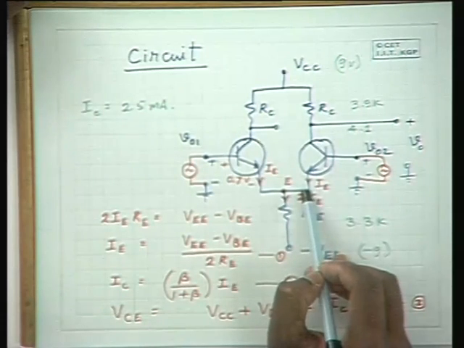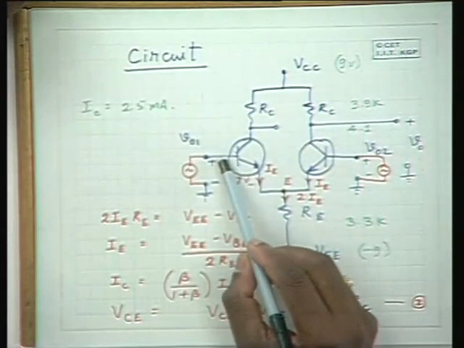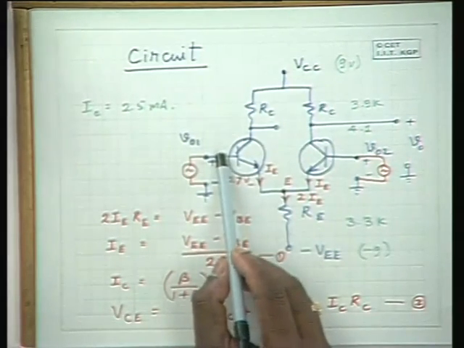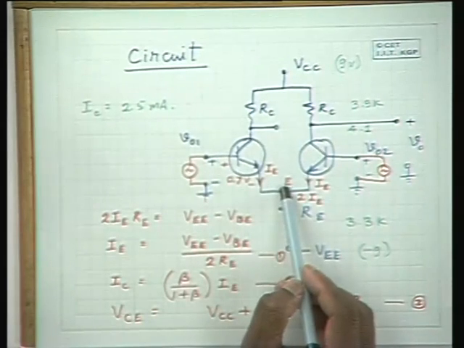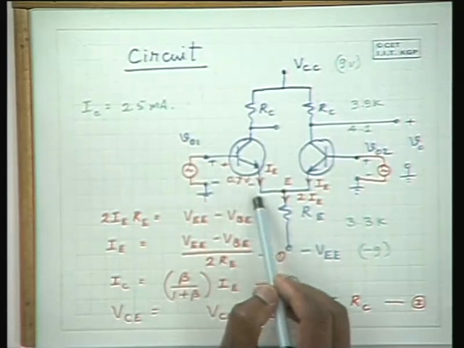And what about this? This VBE decreases because of the characteristics. When this base potential is increased, naturally the emitter potential also increases if the difference has to be maintained at 0.7 volts.